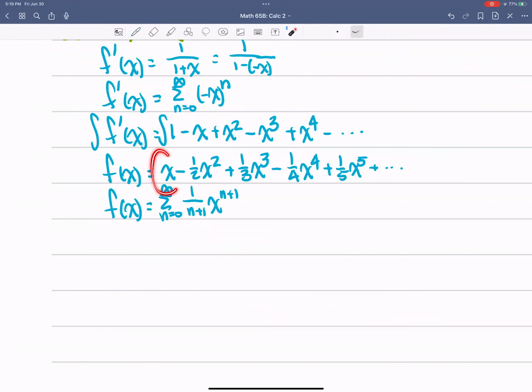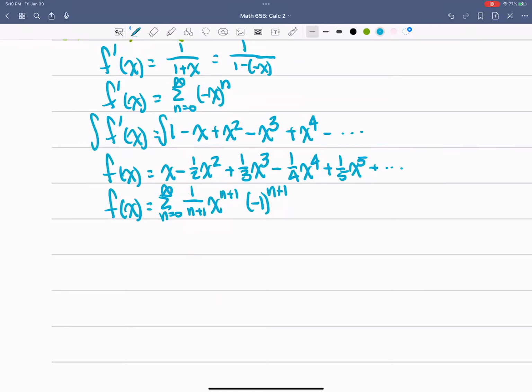All right, so it should start off with x. So for 0, we have a coefficient of 1 and an exponent of 1. Now for the second term, oh, we need that negative as well. So negative 1 to the power n. That tells us that all odd numbers are going to be negative. So we're going to do n minus 1, or we could do n plus 1. There's pluses all over the place.